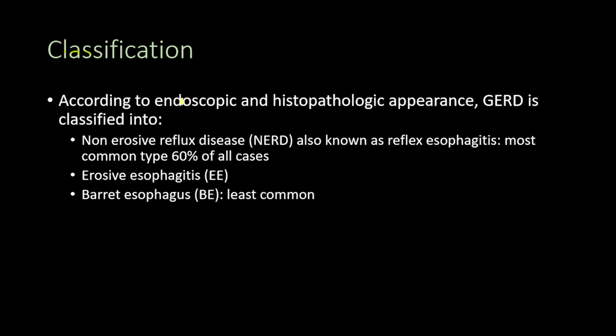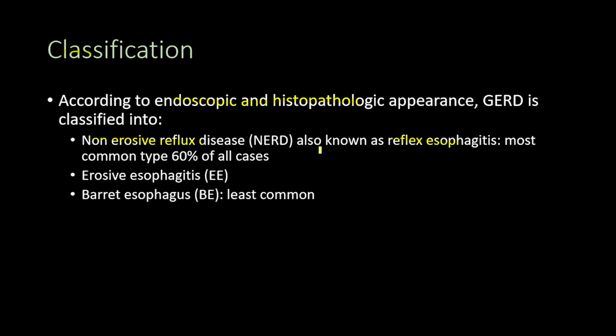Now let's talk about the classification. So according to the endoscopic and histopathologic appearance, gastroesophageal reflux disease is classified into 3 types. So we have the non-erosive reflux disease, abbreviated as NERD, and this is also known as reflux esophagitis.